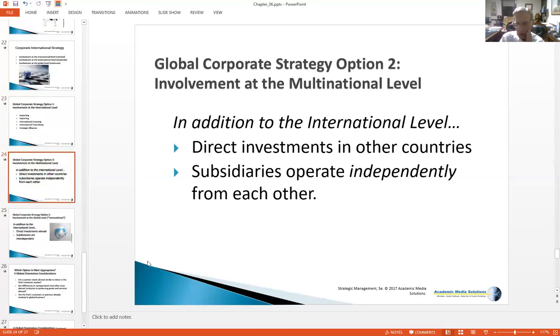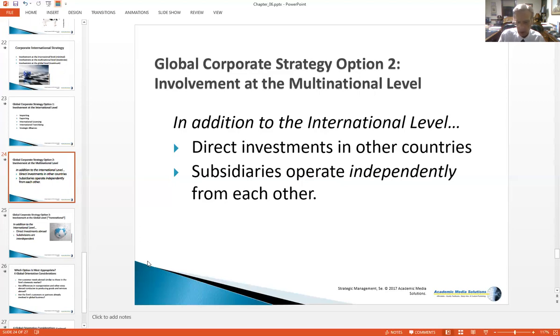Now, in addition to those items, a company can decide that international markets are attractive, things are going pretty well in them, and so it invests in its own manufacturing in another country, and then another, and eventually probably forms a subsidiary or two or three or four or five in those other countries where it has manufacturing operations, because those other countries have laws regarding corporations, and it's usually advantageous to form a corporation under the corporate laws of each country individually.